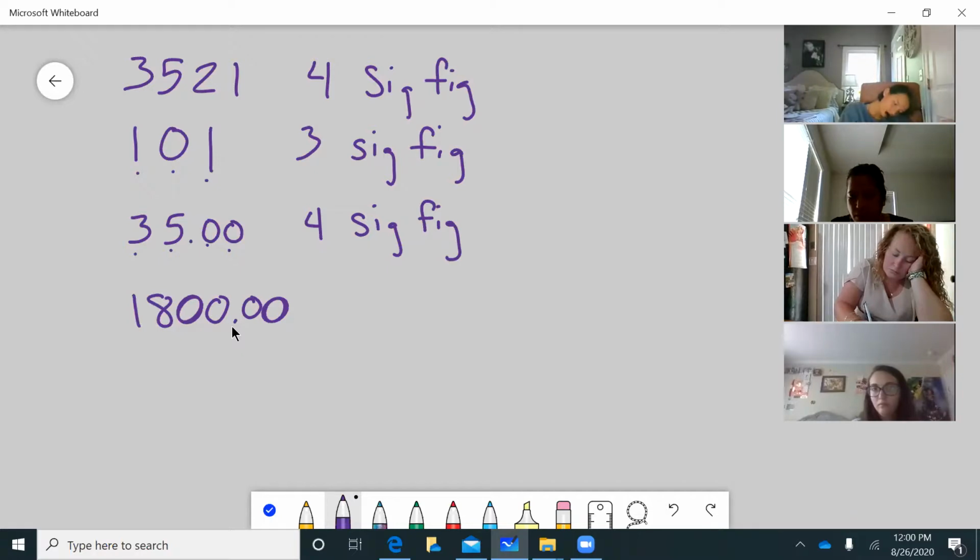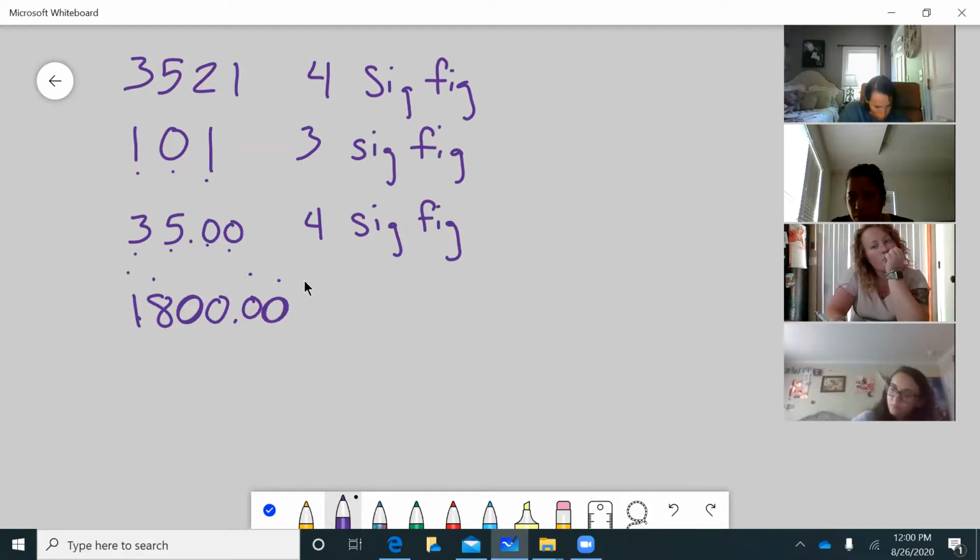We would include those. Again, 1 and 8 are significant because they're non-zero numbers. These zeros are significant because they're coming after the number and after the decimal. And remember, you can't be significant, not significant, significant. So the ones in the middle will also be significant. So this number here has 1, 2, 3, 4, 5, 6 significant figures. 6 sig figs.